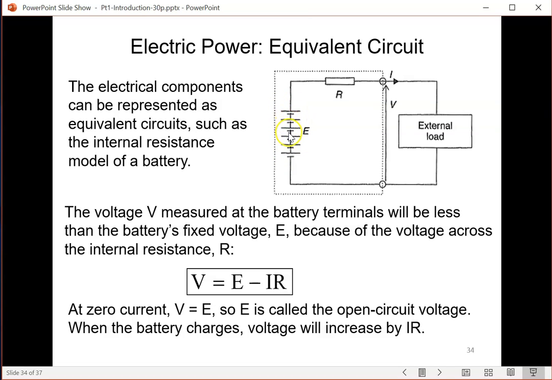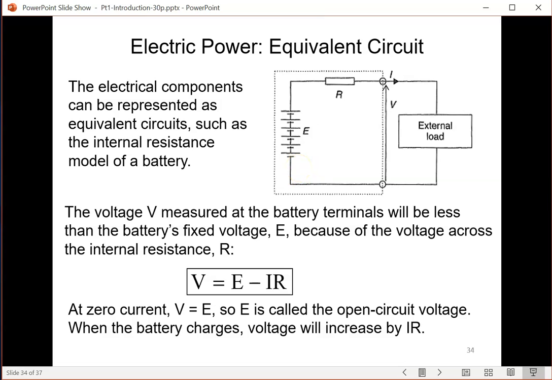So I have 1, 2, 3, 4, 5, 6 batteries connected in series. The total voltage here is E. Six batteries connected in series give me a total voltage equal to E. That's the voltage between this point here and that point here.